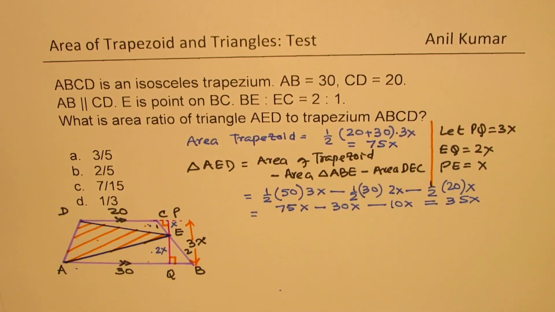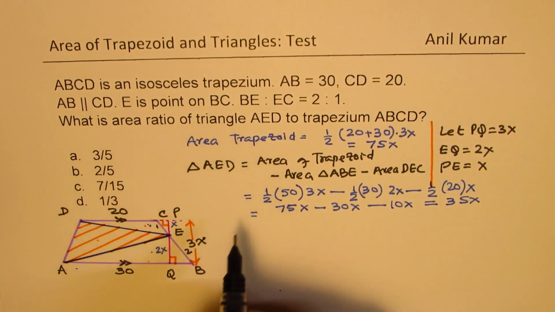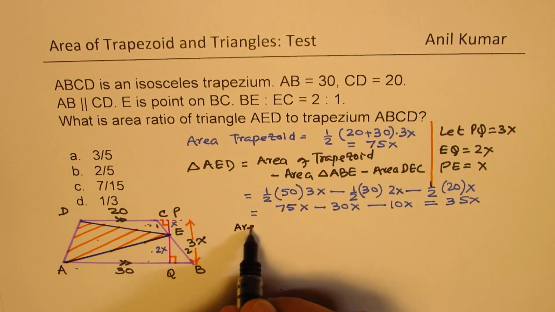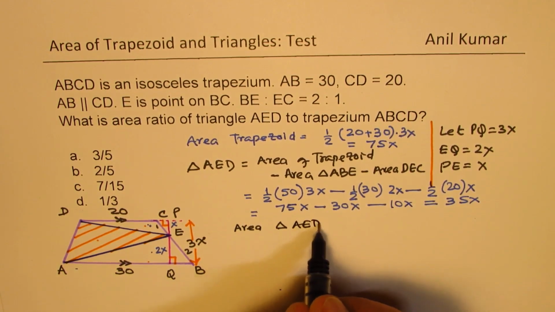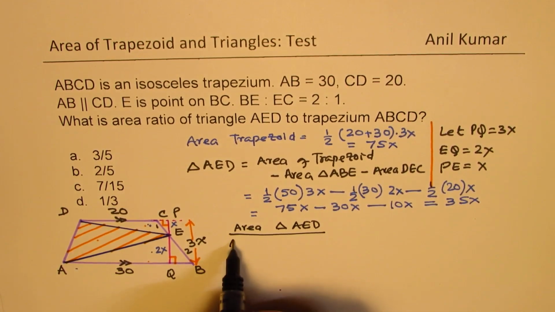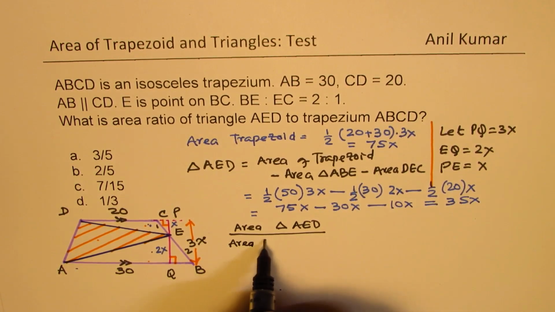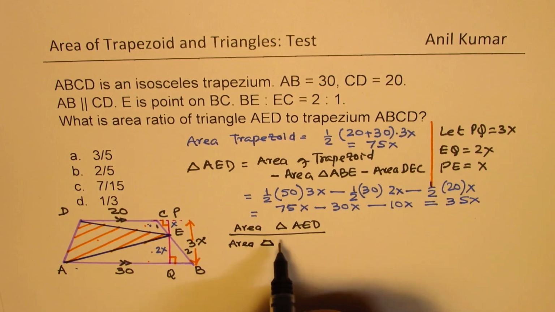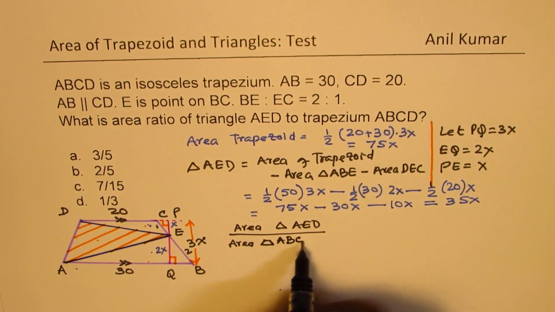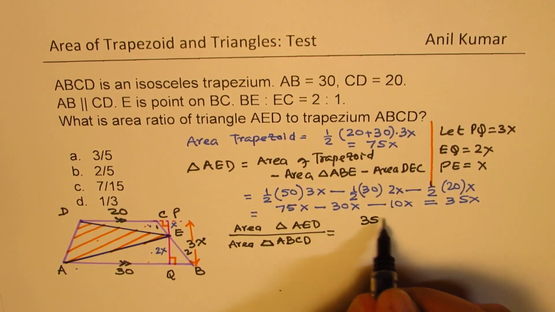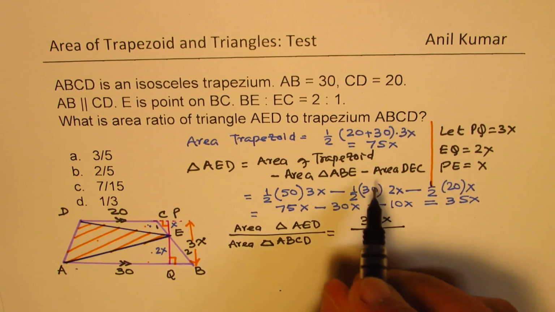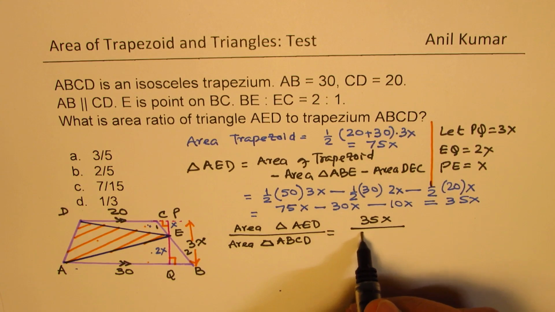So now we get the ratio of the area of triangle AD over the area of trapezoid ABCD, which is 35x over 75x.